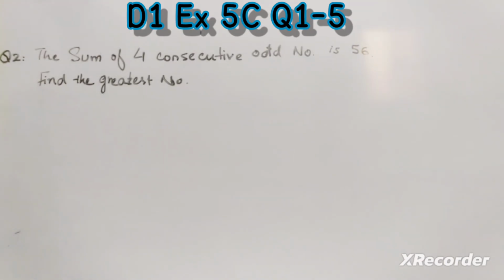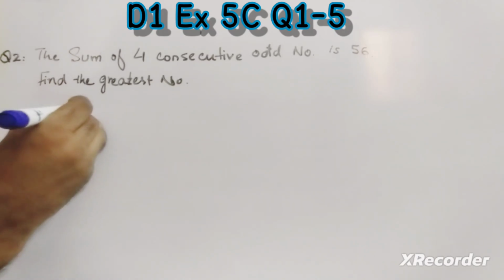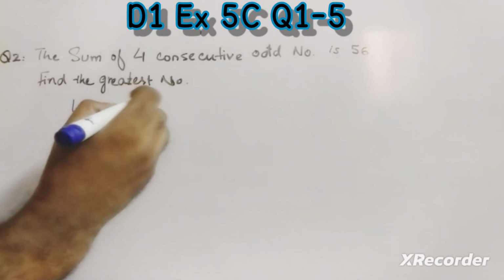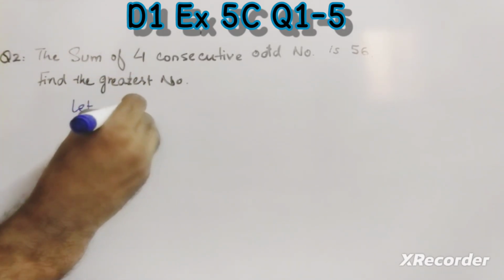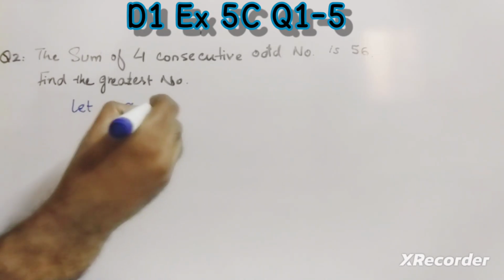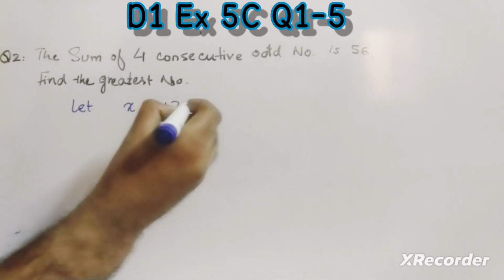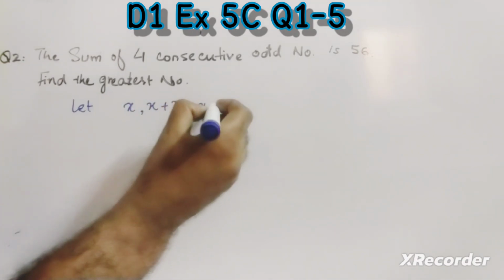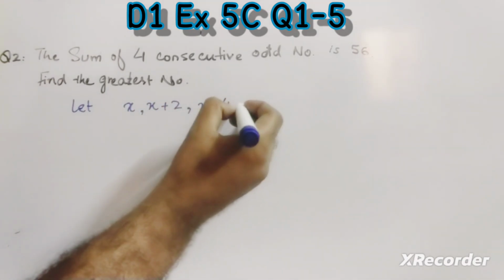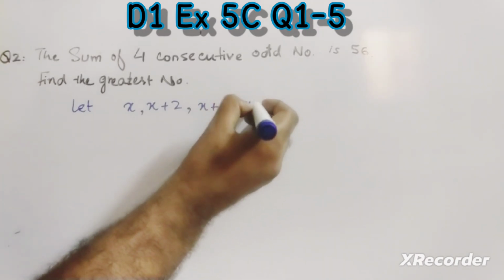Now moving to question number 2. The sum of 4 consecutive odd numbers is 56. Find the greatest number. Okay, so let's say the 4 consecutive numbers are x, x plus 2, then x plus 4 and last x plus 6.